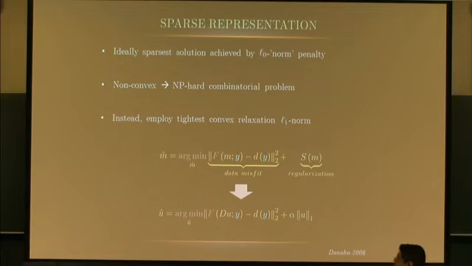So instead, we use the tightest convex relaxation, which is the L1 norm. All we do is take the inverse problem we have, replace the model by a product of the dictionary by the sparse vector, and put as a regularization penalty that the vector is indeed sparse. So we penalize the L1 norm of that vector, right?